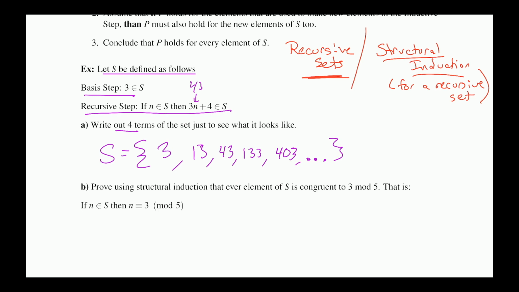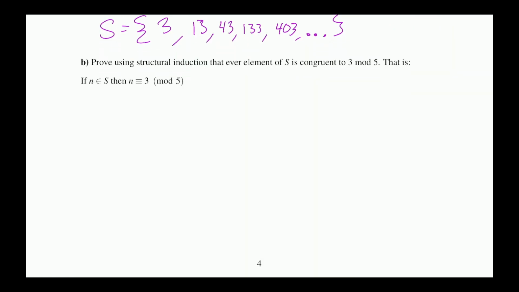And now let's actually try to do a proof involving this. So what are we supposed to prove? We're supposed to prove using structural induction that every element of S is actually congruent to 3 mod 5. And so this is the property: if n is an S, then n is congruent to 3 mod 5. Okay, so what is structural induction now?